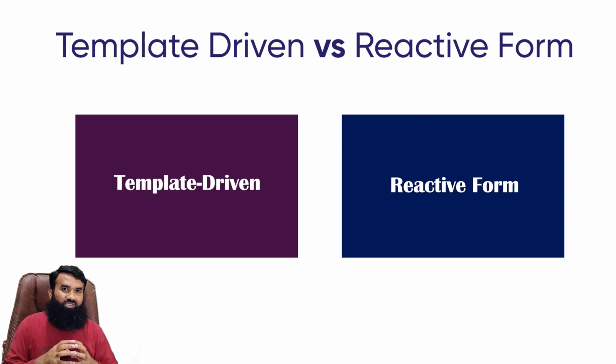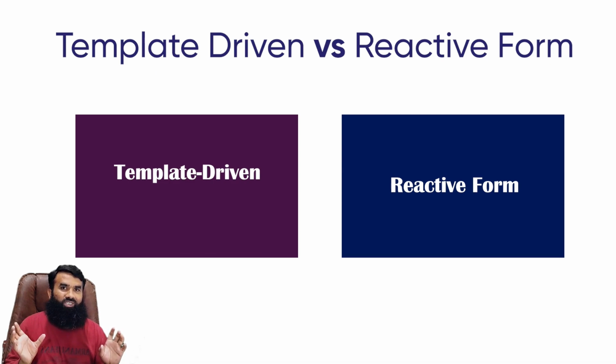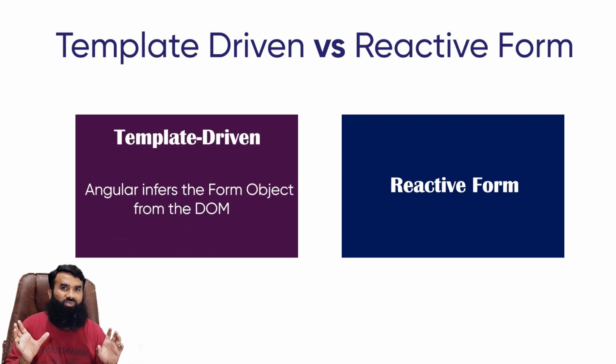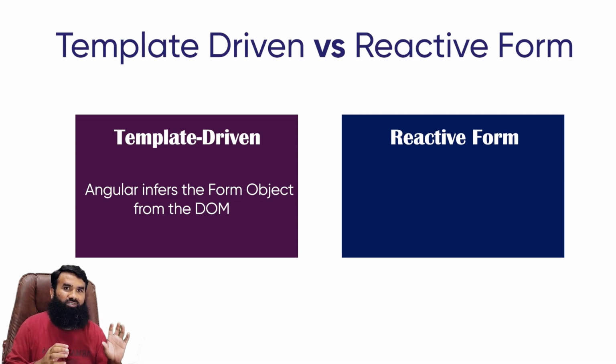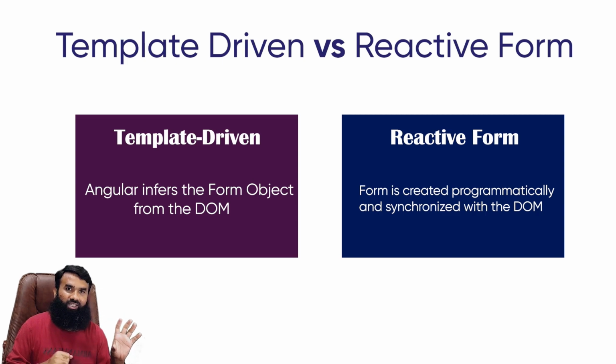The core difference between these two forms is that the template driven form is basically created in the DOM, and Angular accesses the JavaScript object from the DOM and uses that. On the other side, the reactive form is created programmatically, and it is synchronized with the DOM.